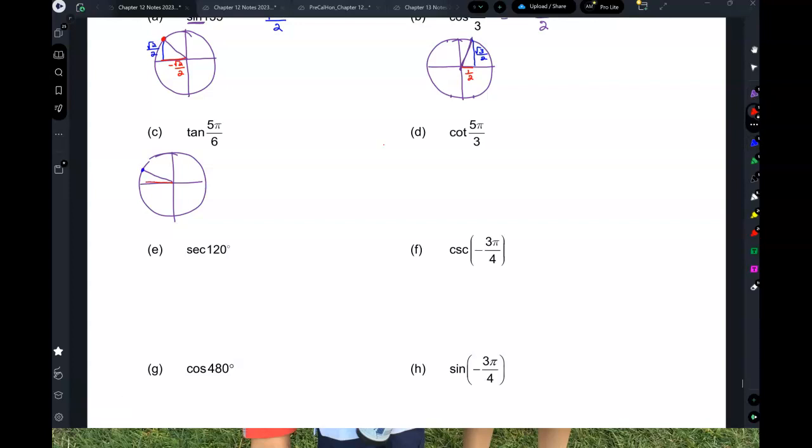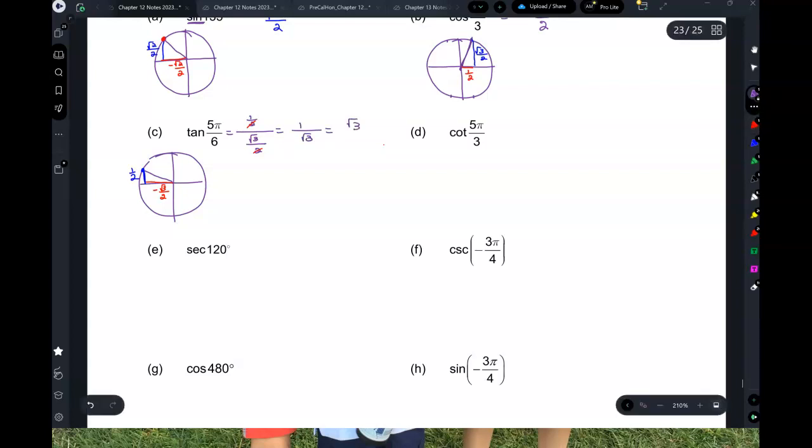How much do I go horizontally if this is the bigger angle? Negative root 3 over 2. Good. And how much do I go up? 1/2. Good. So now tangent is opposite over adjacent. So this is 1/2 over root 3 over 2. These 2's will cancel. So I have 1 over root 3. Oh, negative. This is a negative. Right? So negative root 3 over 3.